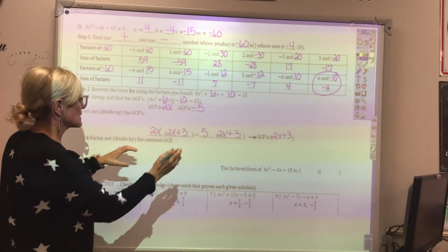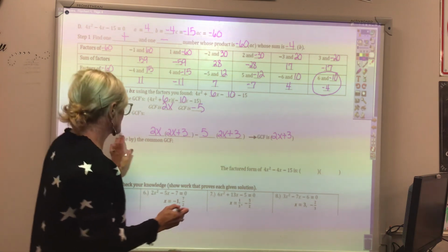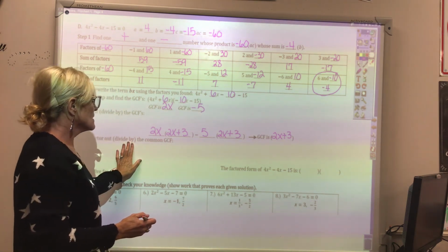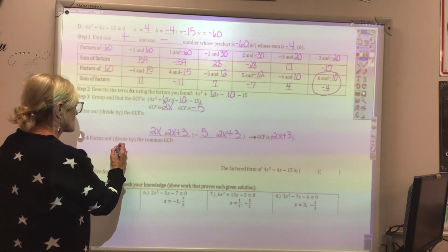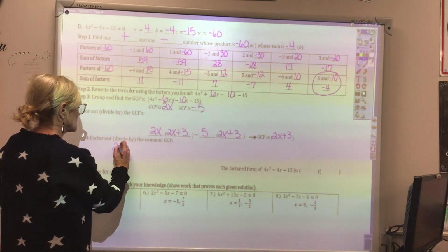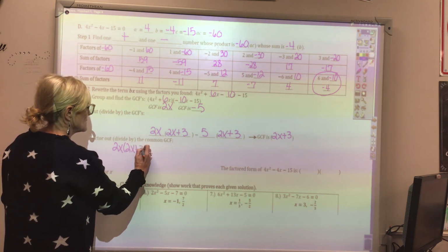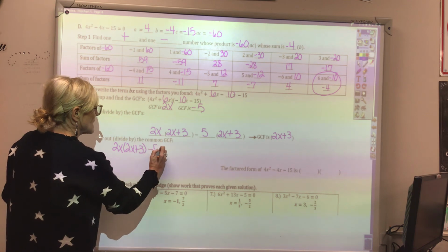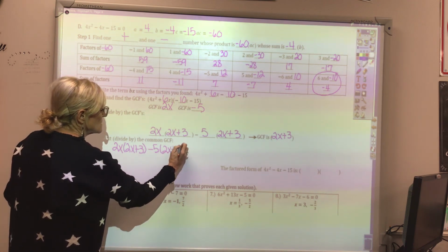So when we pull out the greatest common factor, what we're going to have left, and I'm just going to skip this step right here, and just show you what you could do if you wanted to, is you could write it out like this. 2x times 2x plus 3 minus 5 times 2x plus 3.